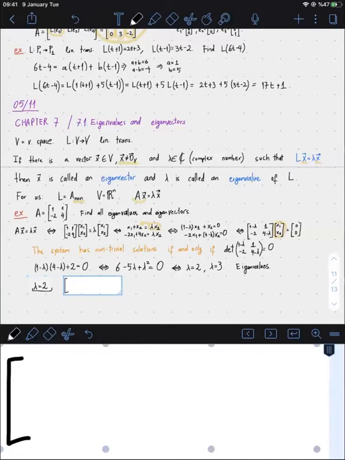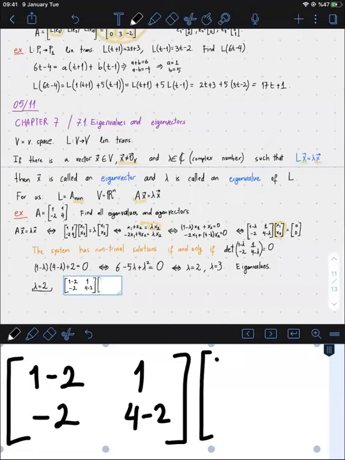So what do we get? If I plug in 2, I get 1 minus 2, then 1, then minus 2, then this will be 4 minus 2 times x1 and x2, right?